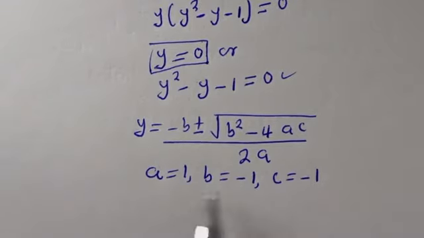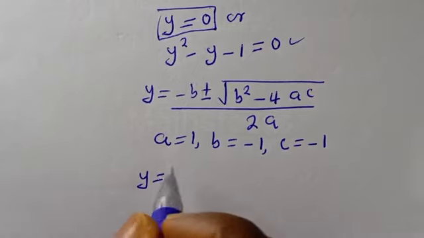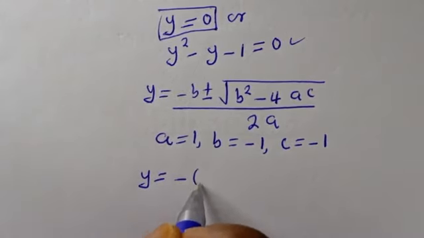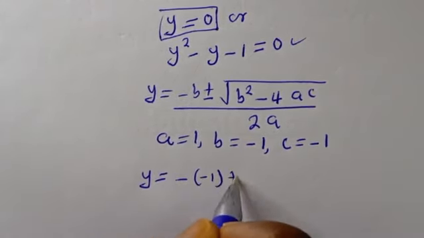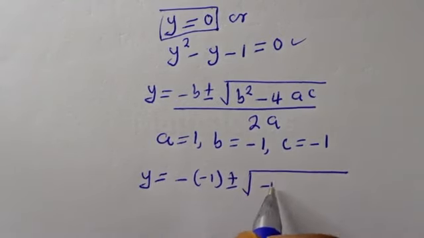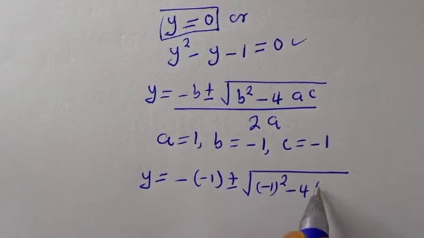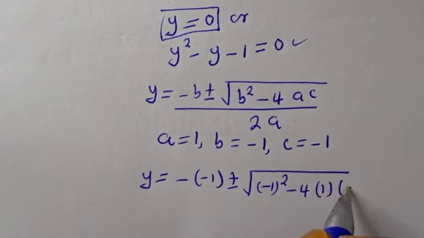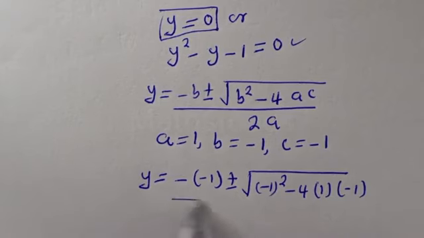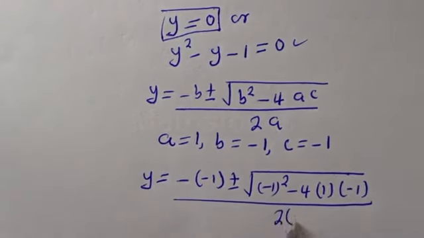Let's substitute. y is equal to minus bracket minus 1 plus or minus square root of minus 1 squared minus 4 multiplied by 1 multiplied by minus 1 over 2 multiplied by 1.